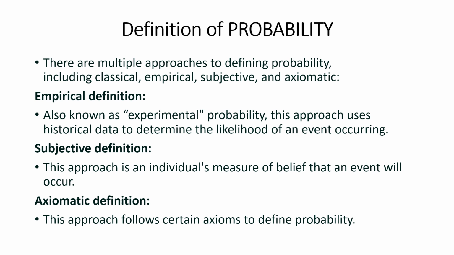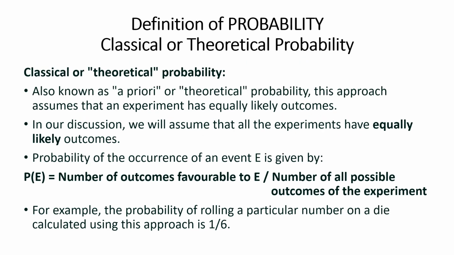So let us see what is the classical definition of probability. The classical or theoretical definition of probability is also known as a priori approach. This approach assumes that an experiment has equally likely outcomes. In our discussion, we will assume that all the experiments have equally likely outcomes.